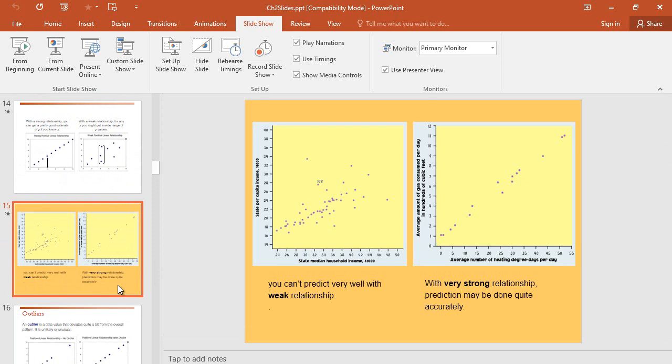Here I have two scatter plots. In the first one, notice for every state in the United States, we have plotted state median household income versus the state per capita income.